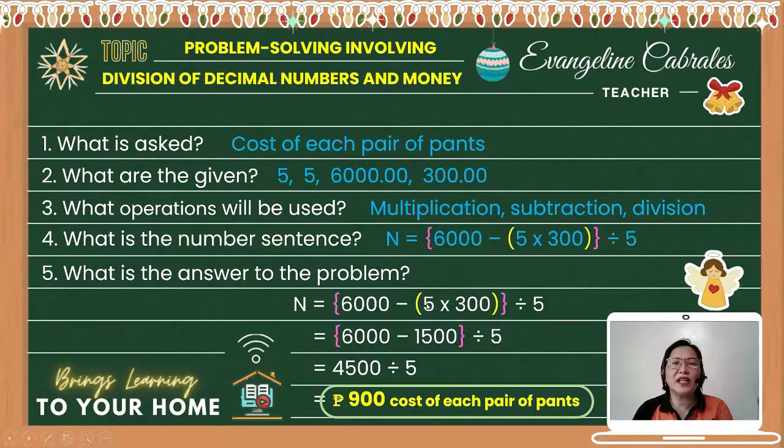And by just analyzing this problem, anong klase ng problem ito? This problem is a multi-step routine problem. Okay? Routine pa rin siya kasi ito ay nasolve natin gamit ang practical reason. O sa madaling salita, ito yung solution para makuha yung sagot.